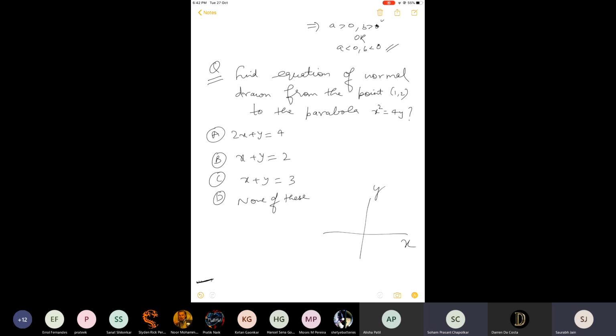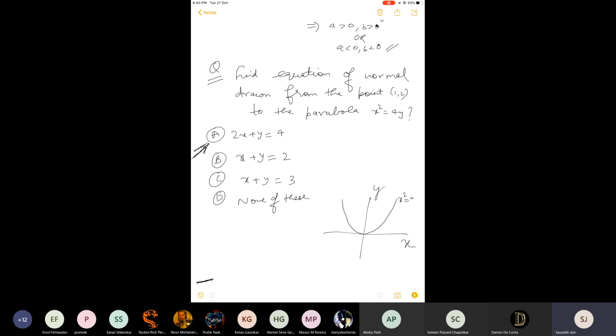Yes, anyone? Are you getting option A as the answer? Yes, sir. See, there is one problem with this option. Can you tell me what that problem is, or anyone else? When will you be getting option A?